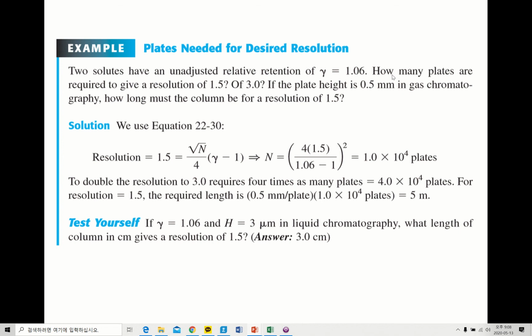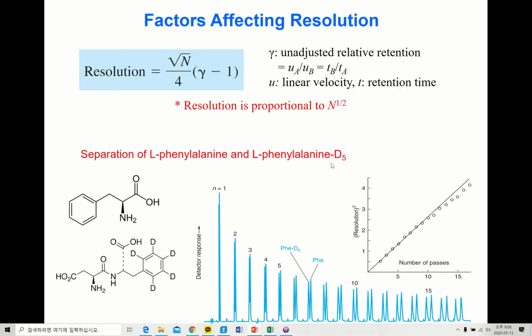The question is, how many plates are required to give a resolution of 1.5? Again, 1.5 resolution is enough. So resolution 1.5 squared is 2.25, and in this graph, that is about 10. Ten repeated passes is enough in this case.